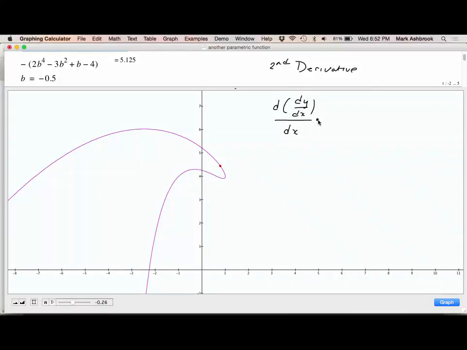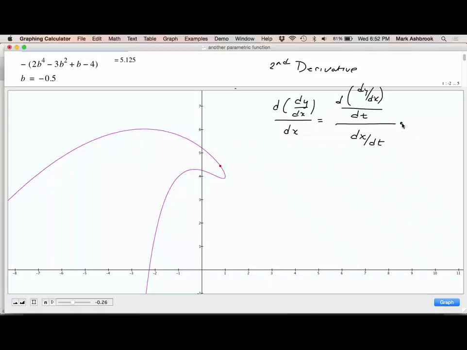So what we're going to do is take that derivative with respect to t, because that's what we can do. That's dy dx. And then divide that by dx with respect to t. Why? Because our dy dx is in terms of t, so we're going to take its derivative with respect to t divided by dx with respect to t, and that'll be our second derivative, d squared y dx squared.